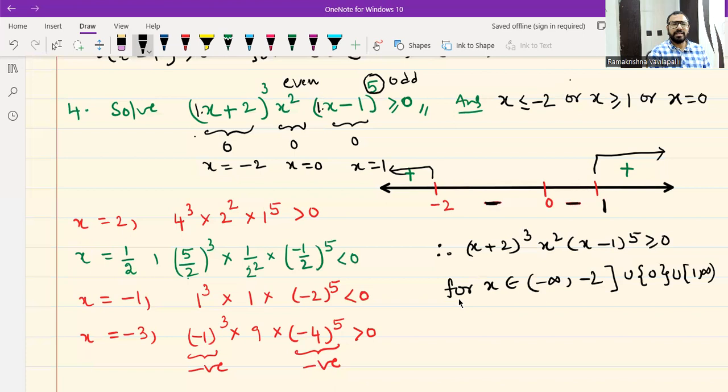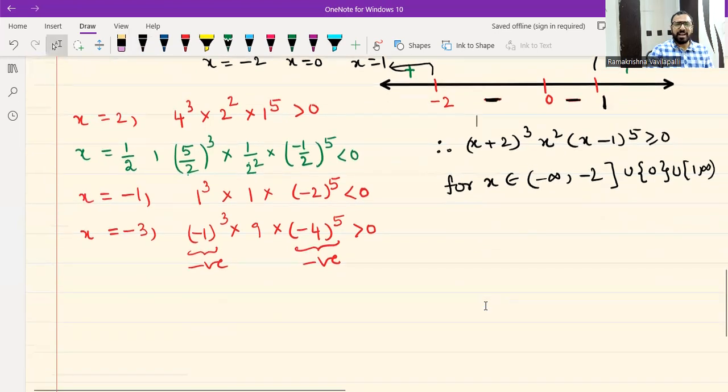Now here you see, this power is odd. So the sign will be changed from negative to positive. That ends the math. So the sign will be changed when the power of a linear expression is odd. The sign will remain the same when the power of a linear expression is even.